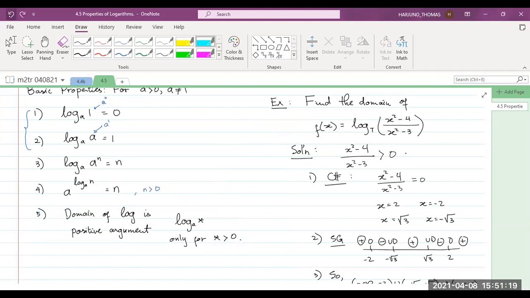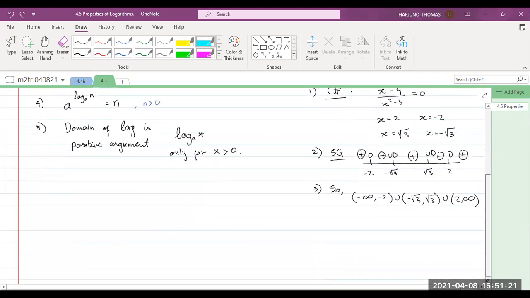Now then, what are not so basic properties? Again, for positive a, the base positive and the base not 1, and x and y also positive, we have the following.